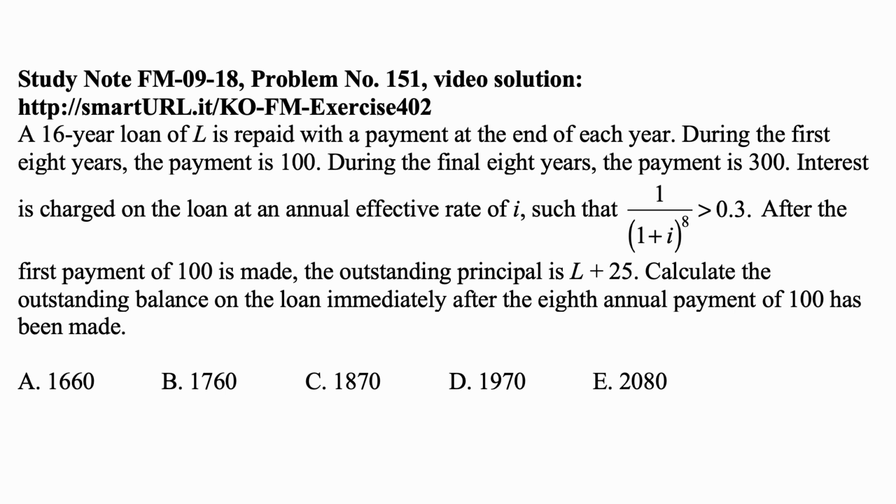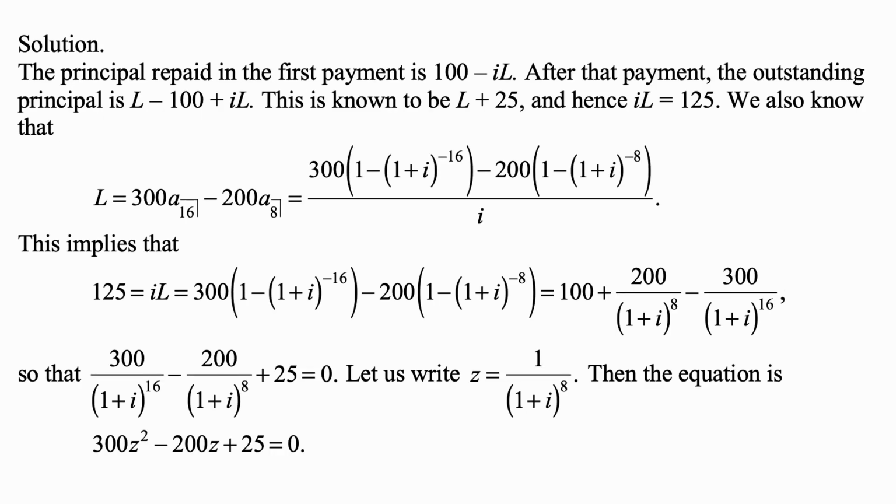So again, we calculate the outstanding balance on the loan immediately after the 8th annual payment of 100 has been made. And here's the solution. The principal repaid in the first payment is 100 minus iL.